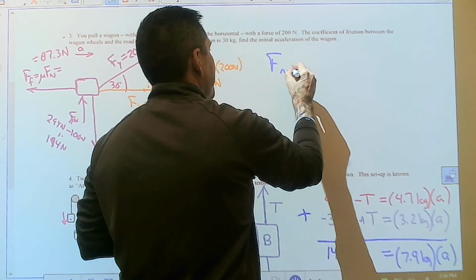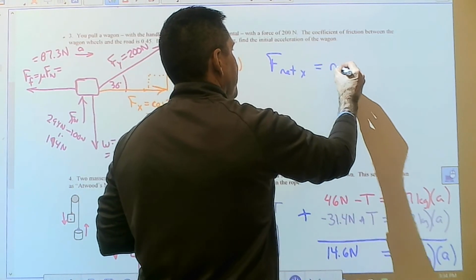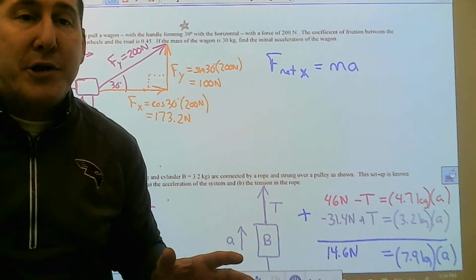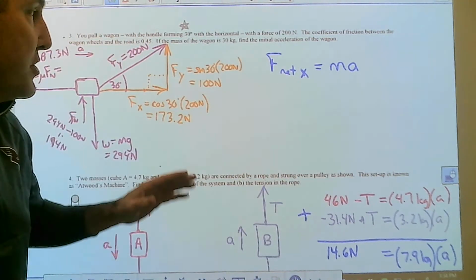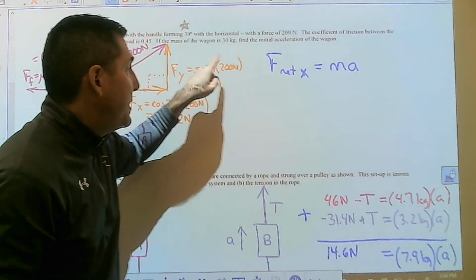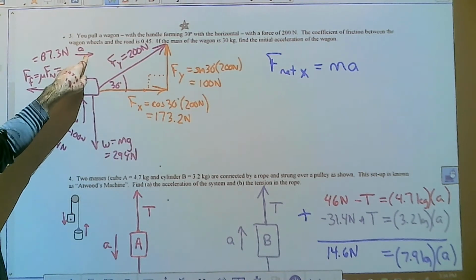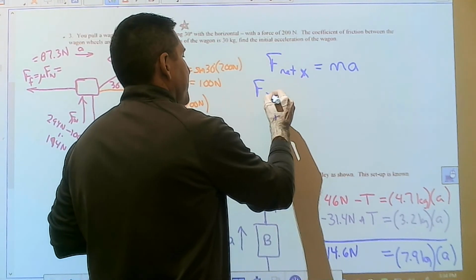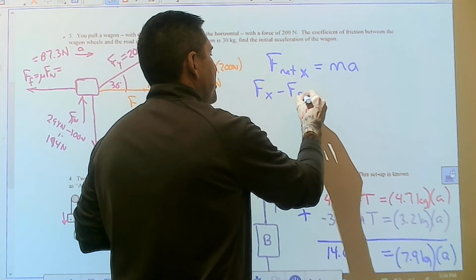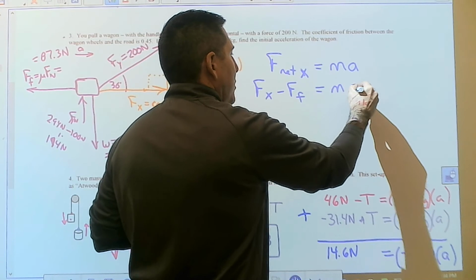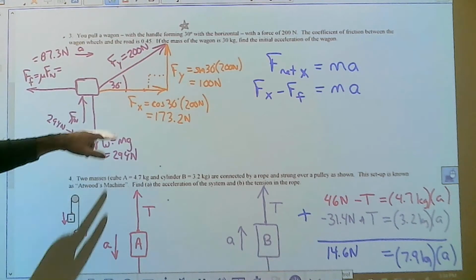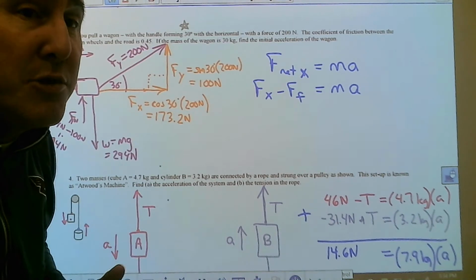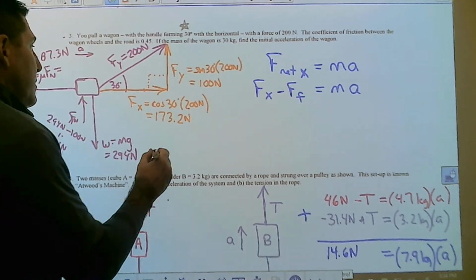I'm going to net up the forces in the x direction, because it's only moving in the x direction, the horizontal direction. I don't care about the y direction. I don't care about the 30-degree direction. I only care about the direction this baby is accelerating. Of all those vectors, only 2 of them are x vectors. The x component of your pull force, which means you're pulling with 200 newtons, but only 173.2 is actually used to move that thing sideways.